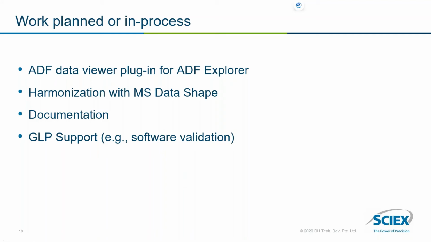At some point in the future, we plan to harmonize with the final MS data shape. It remains to be seen how soon that will happen, and it's possible that we would take the terms that we have used in the custom model and map them to Allotrope, and send that portion of it through governance. It really depends on what gets produced by the MS data shape working group and when that becomes available.